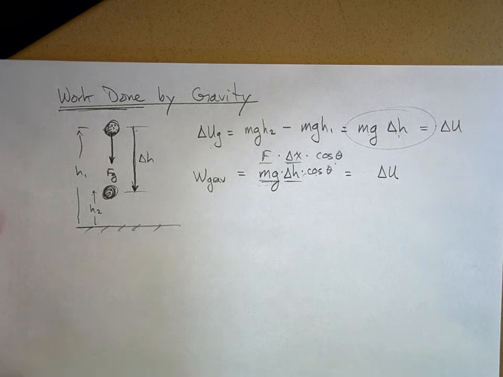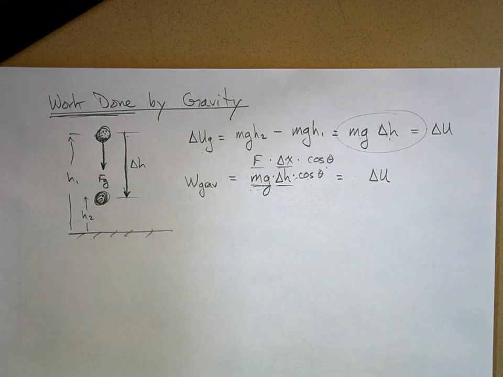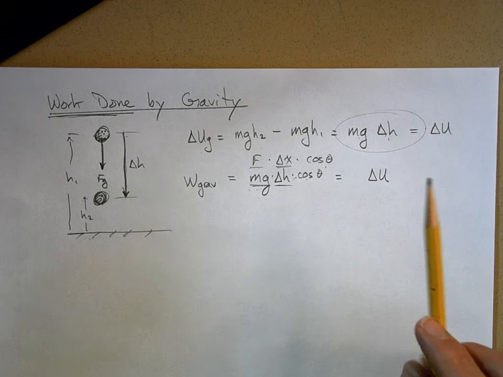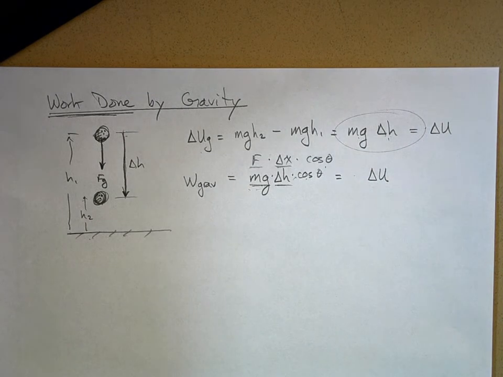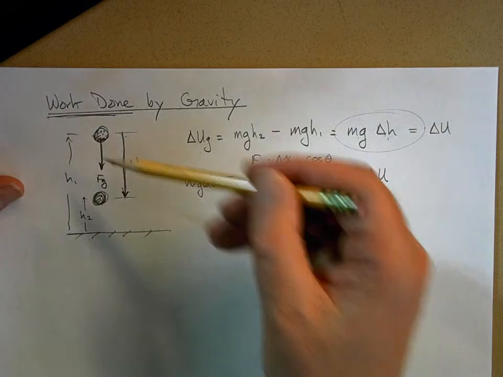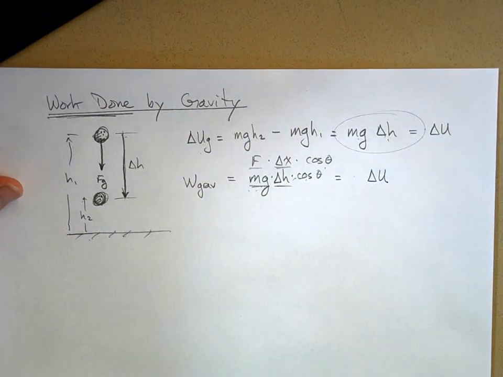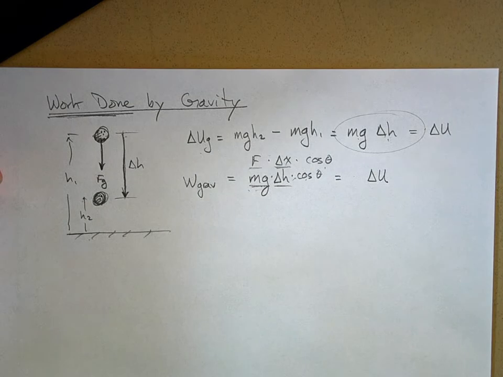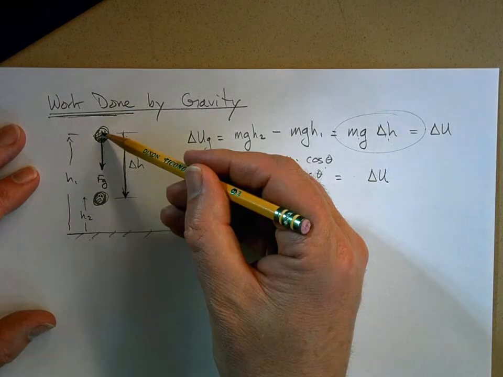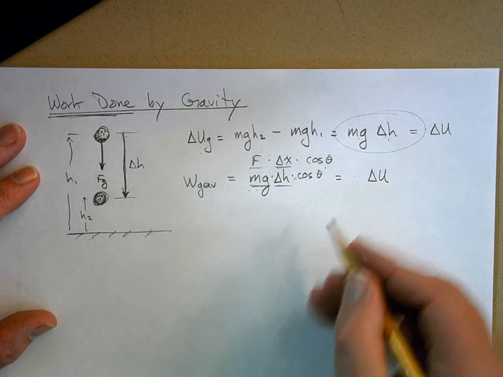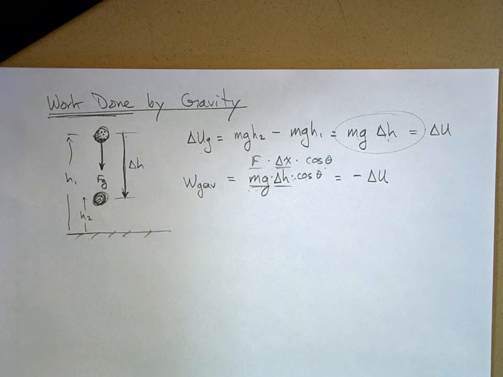Okay. So, it's kind of difficult to go through this mathematically rigorously, but here's what I want you to see. Do you see that gravity is doing positive work? Right? But when gravity does positive work, you lose gravitational potential energy.